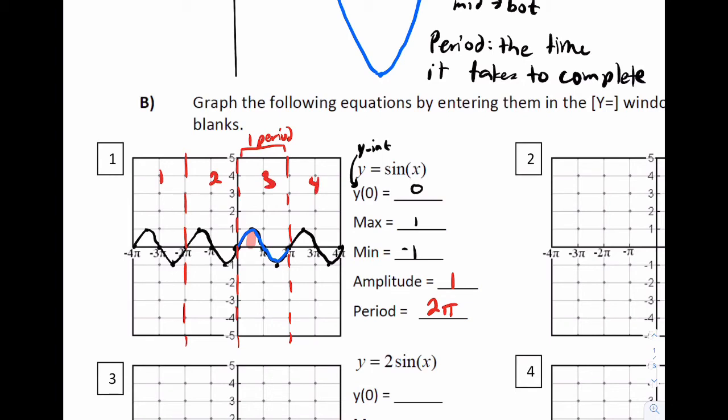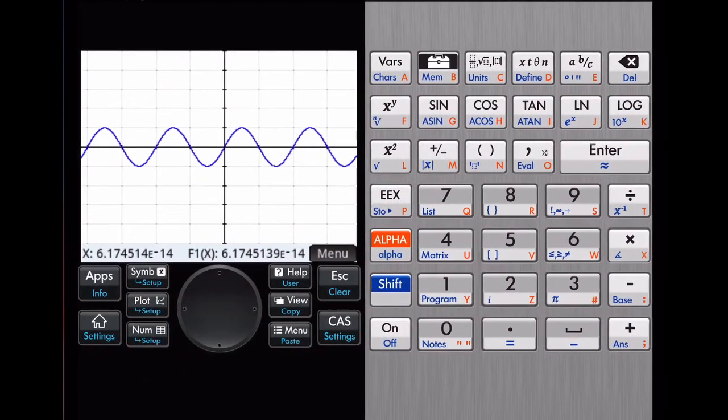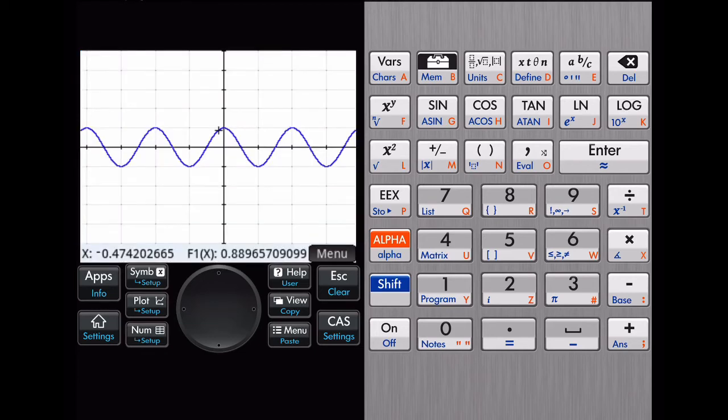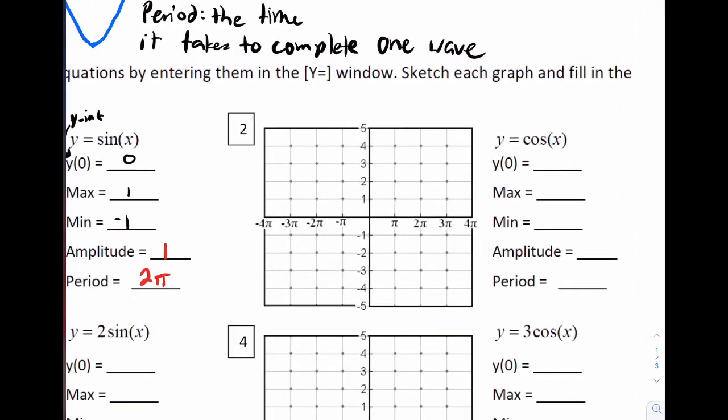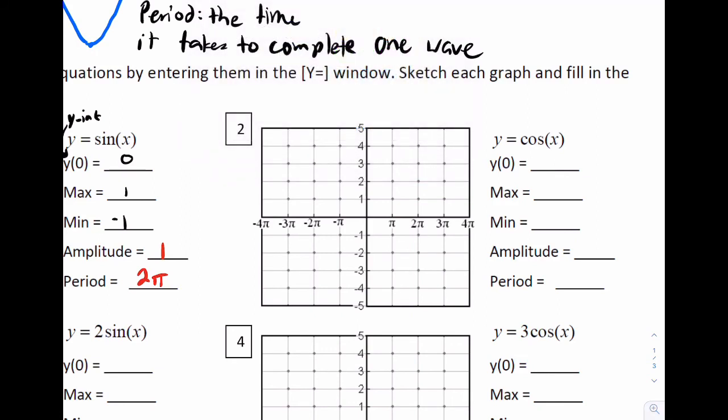Okay, so there's our first graph. Now let's go to cosine. Go back to your calculator, hit the symbol, change that to cosine x, and graph it. All we're going to do is copy this down, so I'm going to go back to my worksheet. Cosine is pretty similar. The wave is almost identical, except it starts at 1.